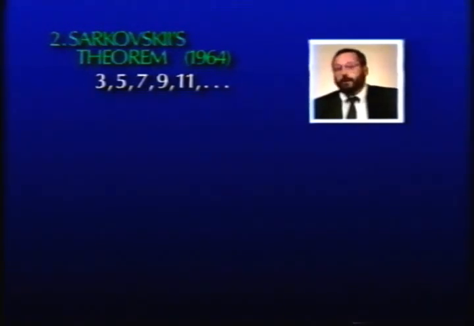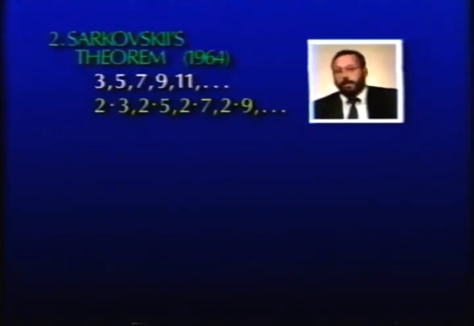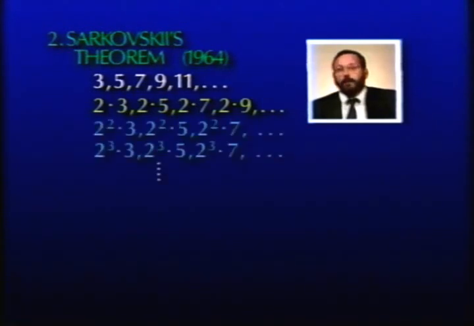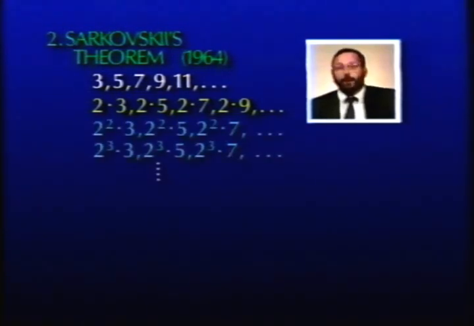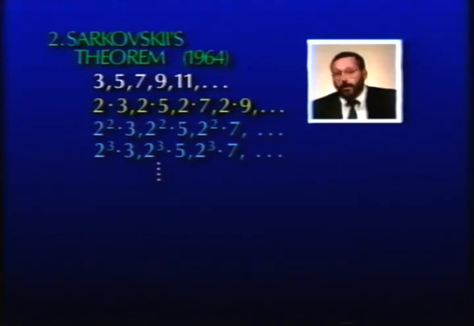When we're done doing that, let's list 2 times all of the odds. So 2 times 3, 2 times 5, 2 times 7, etc. And then list 4 times all the odds, followed by 8 times all the odds, and in general 2 to the nth times all the odds.